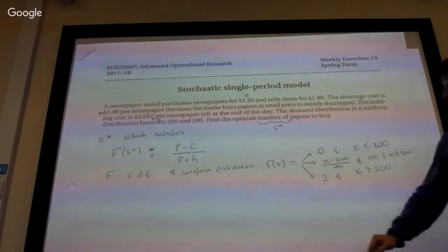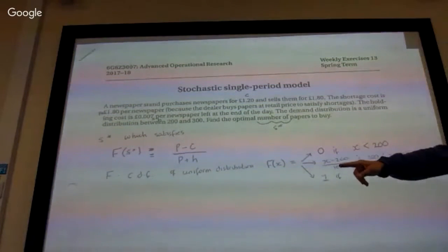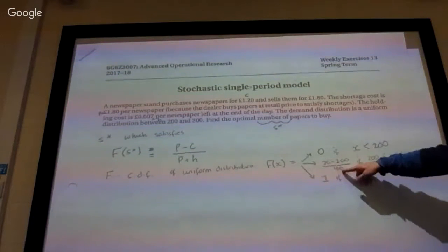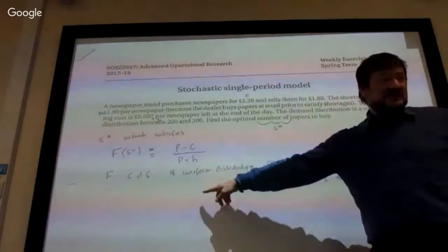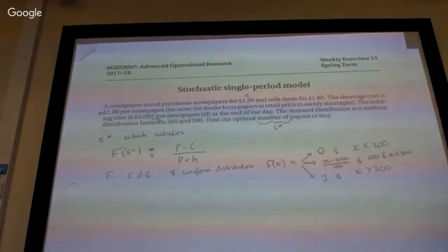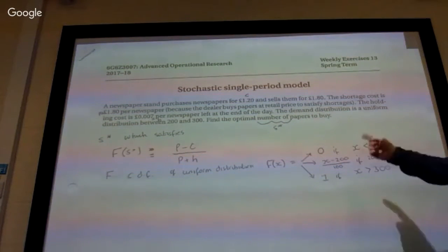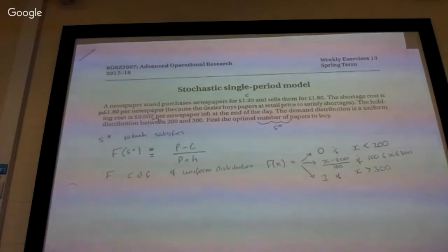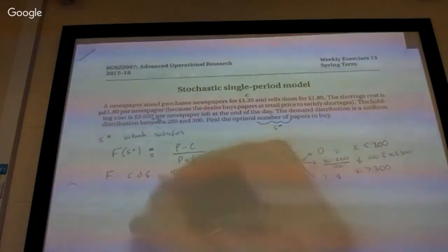So now we're looking for S star, where the value of this function is given by its fraction. So you just work out this fraction. What is it? P minus C, substitute.